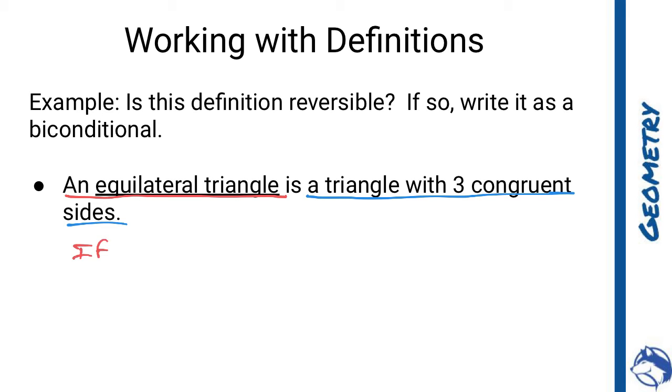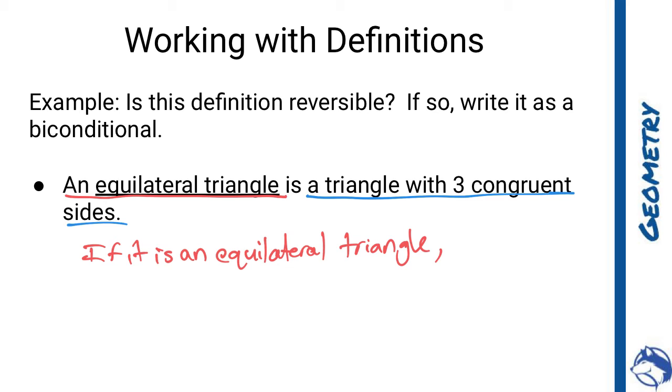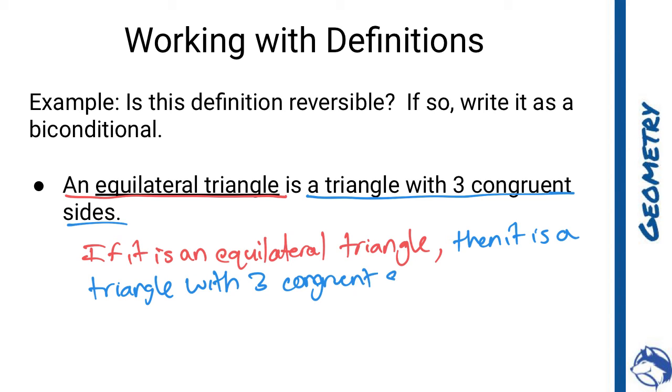So this is going to be my first one here. So if a triangle, you can write this a few different ways. The whole point is that you're trying to change as little as possible. So I'm going to say if it is an equilateral triangle, then it is a triangle with three congruent sides.